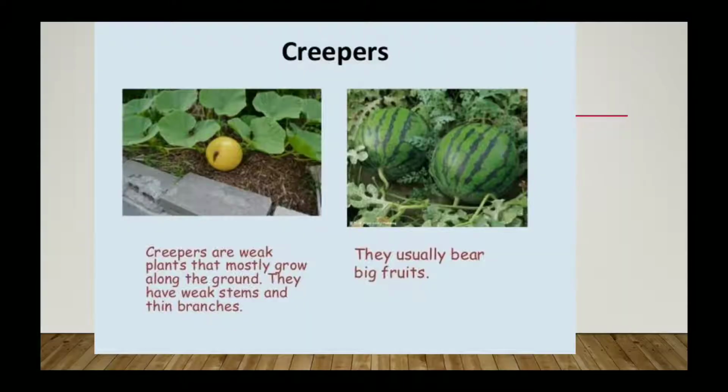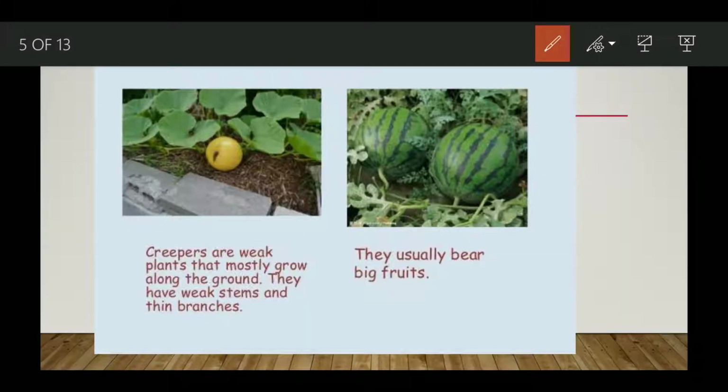The first one is creepers. Students, when you go into the field, you often see some plants which move by holding the land surface. These plants which run by holding the earth surface are called creepers. Generally they creep on the ground. Creepers are weak plants that mostly grow along the ground.